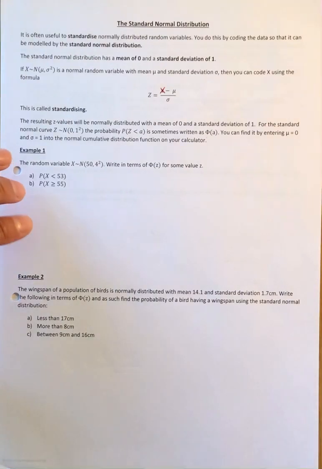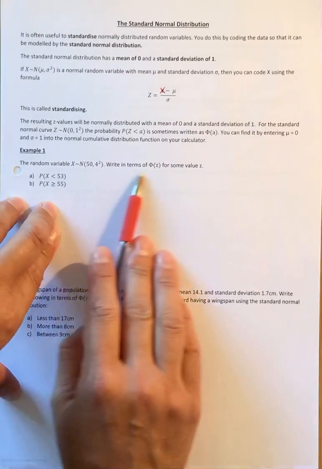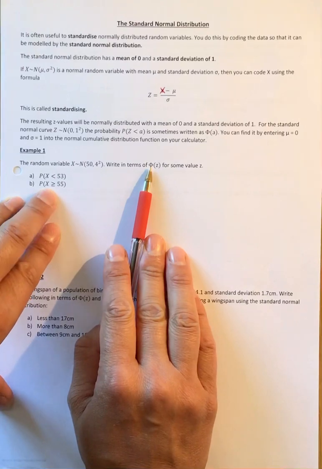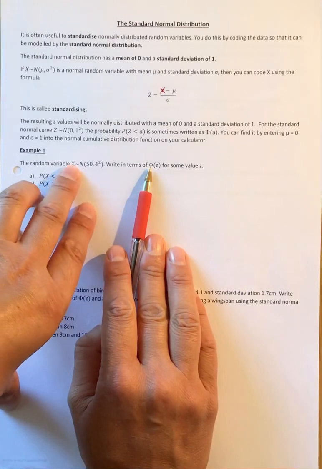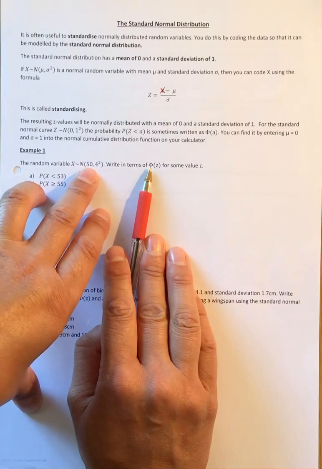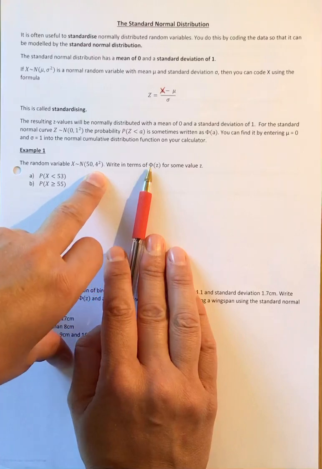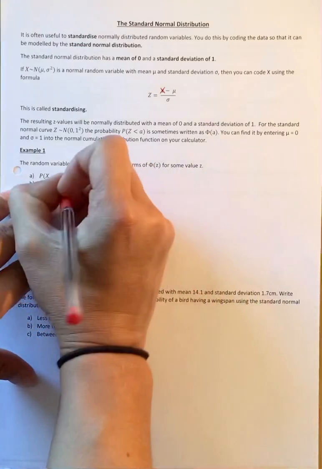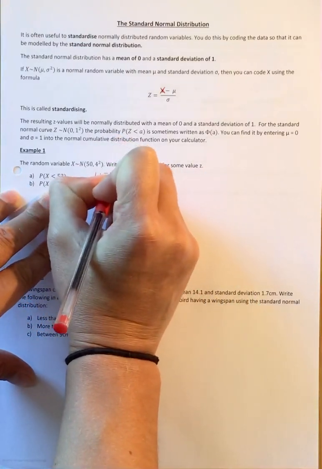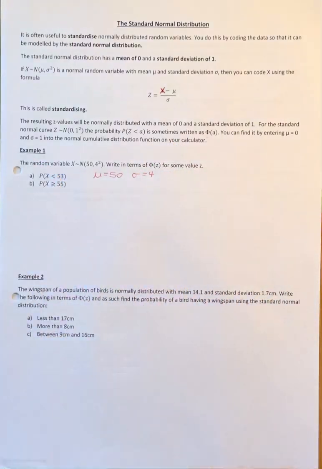These first couple of examples don't require us to use our calculator at all, because they just want us to write some probabilities in terms of phi. So if x is a normally distributed random variable with a mean of 50 and a standard deviation of 4, so mu is 50 and sigma equals 4, then we can code that to get a standard normal distribution.